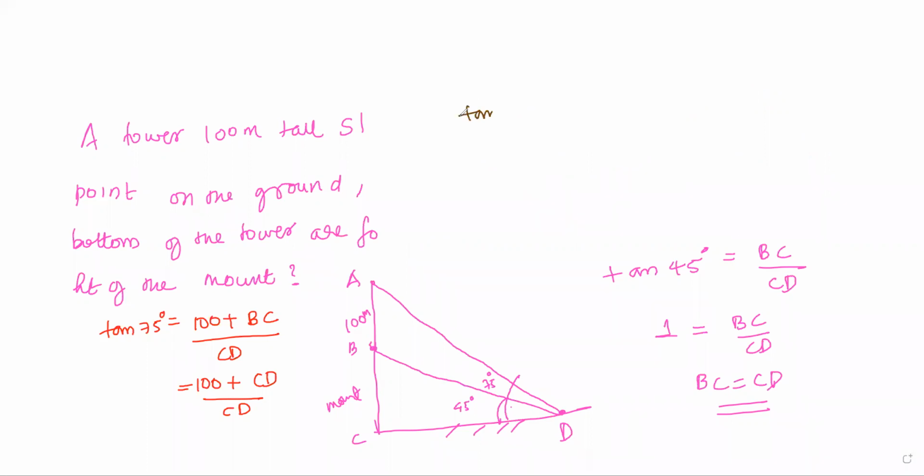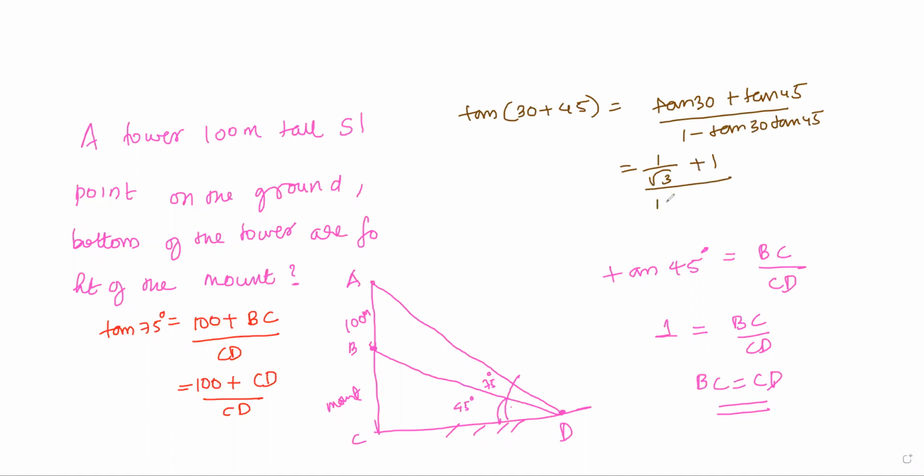So tan 75 is tan(30 + 45), that is (tan 30 + tan 45) by (1 minus tan 30 tan 45). Once you substitute the values, (1 by root 3 + 1) by (1 minus 1 by root 3), you get (1 plus root 3) by (root 3 minus 1).